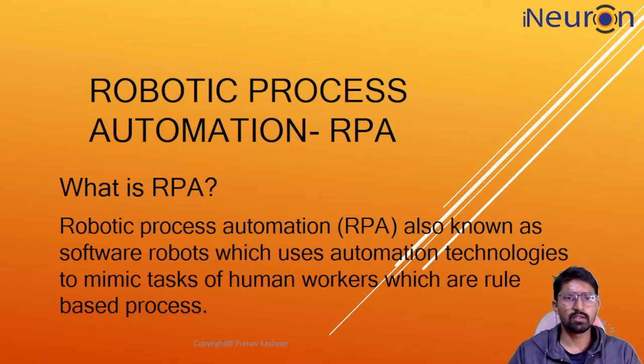Hi all, welcome back. So in this video, we are going to discuss what is robotic process automation, or what is RPA. RPA, also known as software robots, uses automation technologies to mimic tasks of human workers, which are rule-based processes.